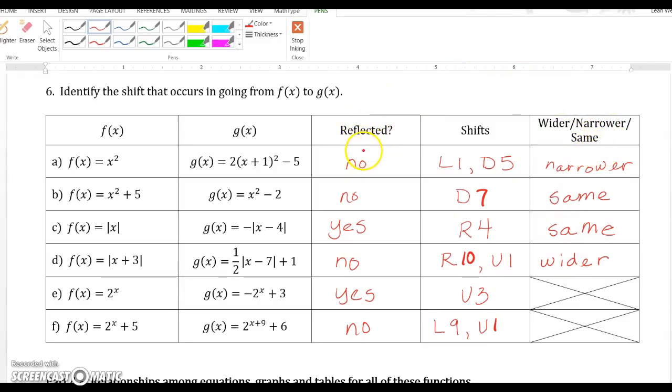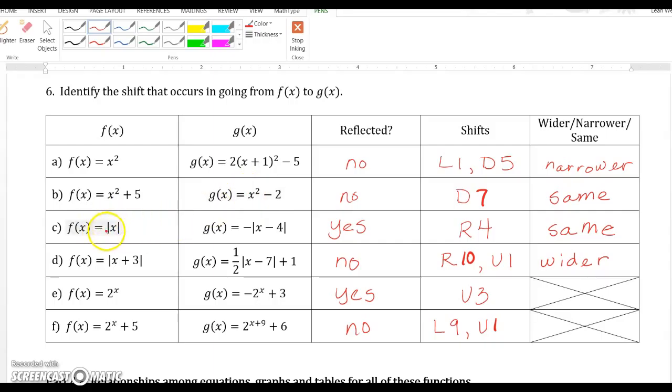So if we look at here, this had an a value of 1, and this has a 2. So remember, the absolute value of this, if it's greater than 1, is going to make the graph narrow. This one stayed the same, coefficient of 1, coefficient of 1, so that's the same.